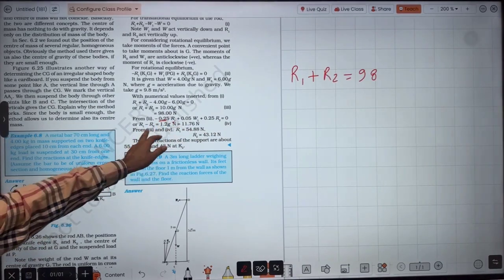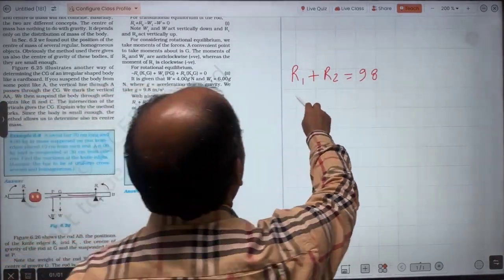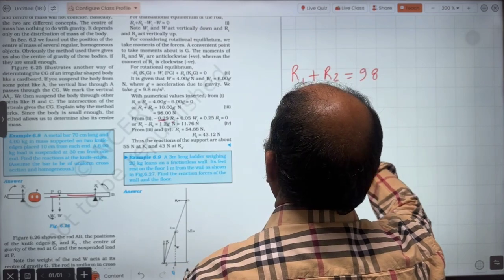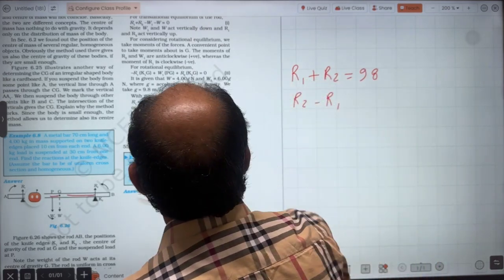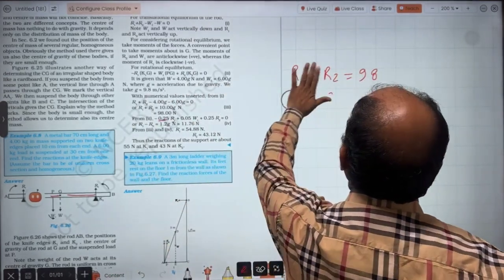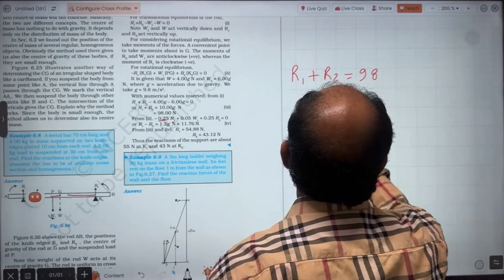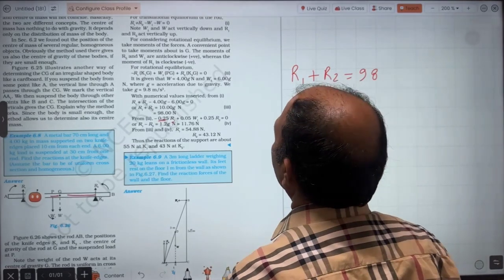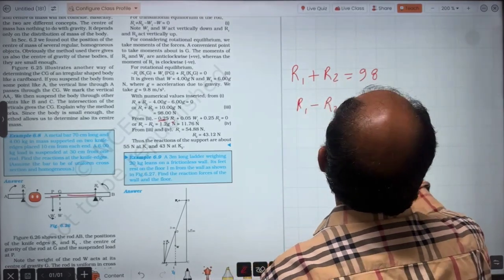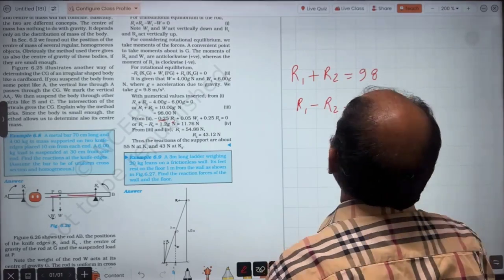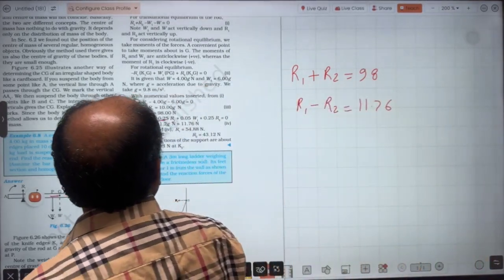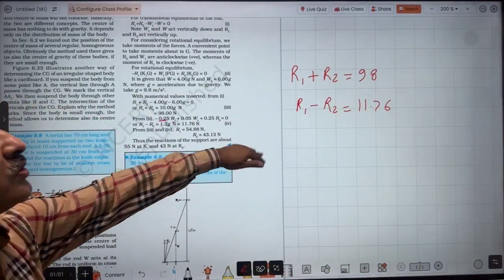So if we simplify the second equation, we get R2 minus R1, sorry, it is R1 minus R2. So R1 minus R2, we get as 11.76. Now what is left? We have to solve these equations.